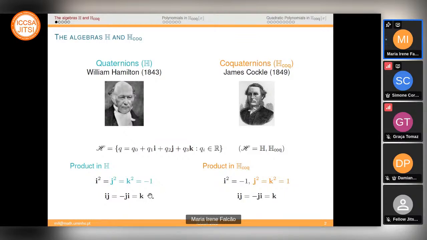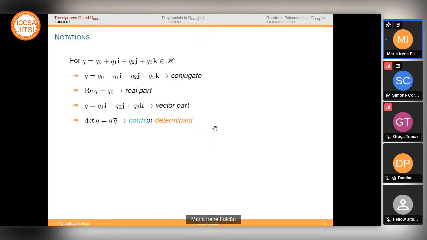You have already seen this this afternoon. As in the complex case, you have the conjugate, the real part, the vector part, the norm. We usually use the designation norm in the case of quaternions and determinant in the case of coquaternions, but this is not important.